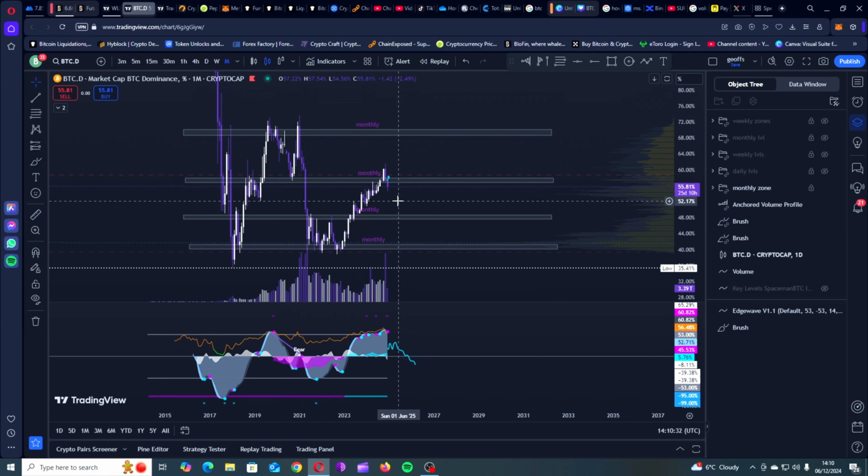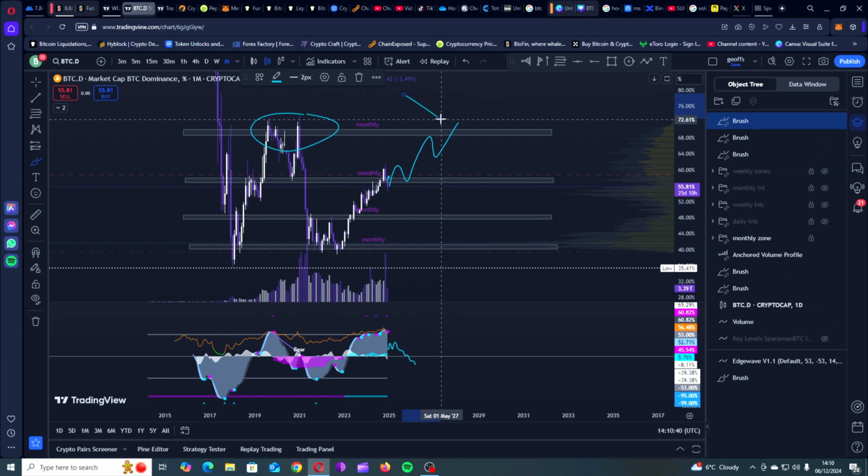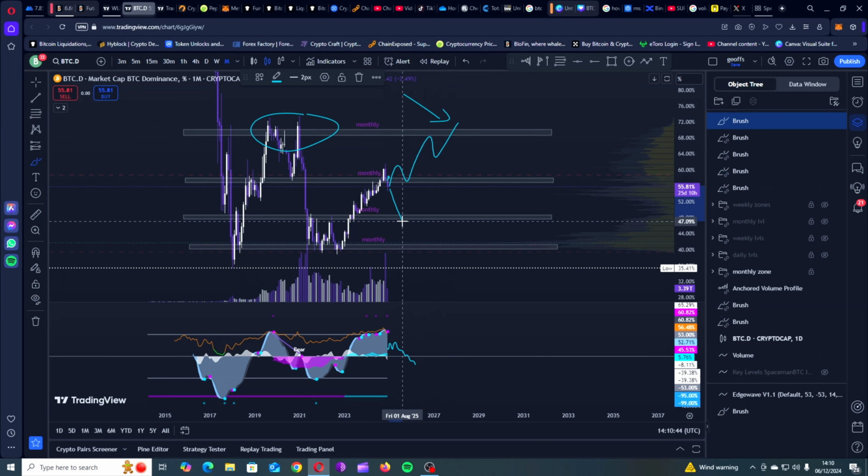If we start to take off out of this area, then this is going to be another area of interest. If we dump hard, like we did here, that was in April, we want to see this dump continue. If not, altcoins may get smashed again, unfortunately. That's what we might have to deal with.